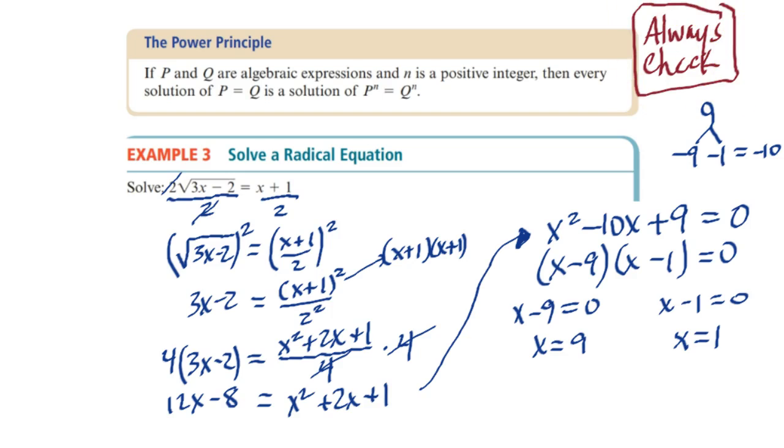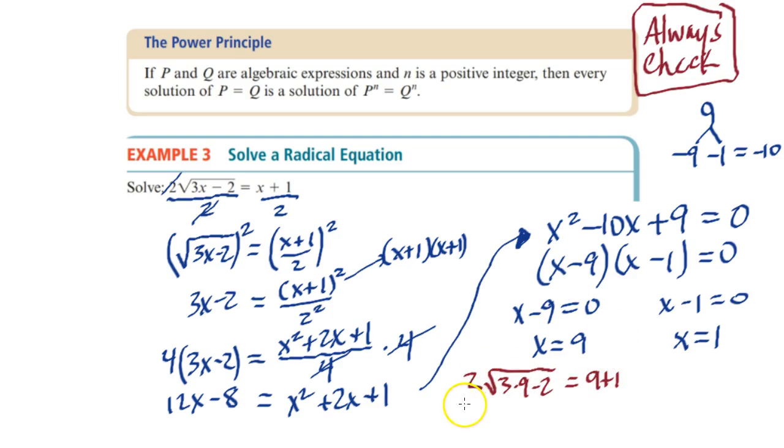Okay, so I'm going to check and plug it into your original equation. So we have 2 square root of 3 times 9, and that's subtract 2, and we want this to be equal to the right side of the equation, which is 9 plus 1.